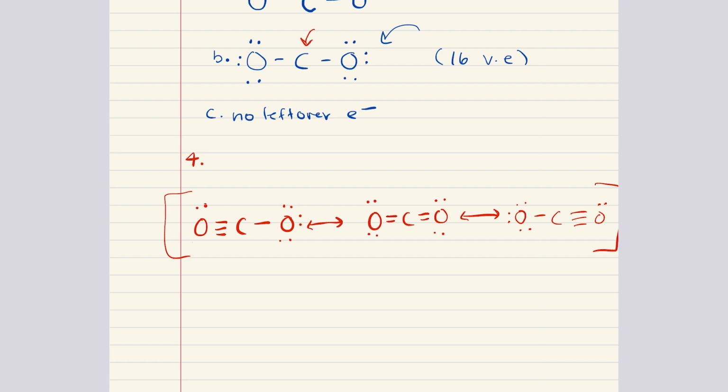Now, yes, carbon dioxide has these 3 resonance structures, but the most significant resonance structure is going to be this one. And it's going to be this one because each of these atoms actually has no formal charge. So this resonance structure is going to be the most significant resonance structure.